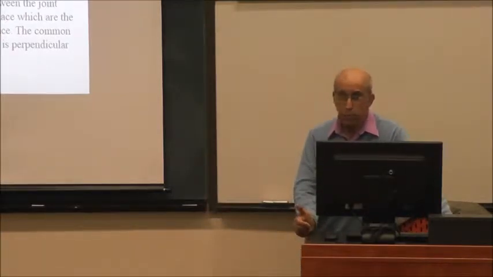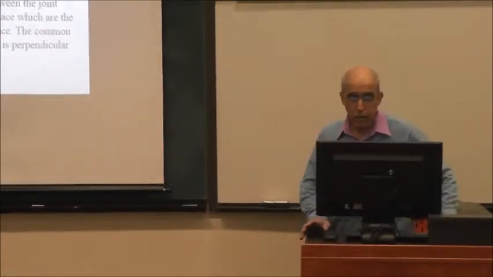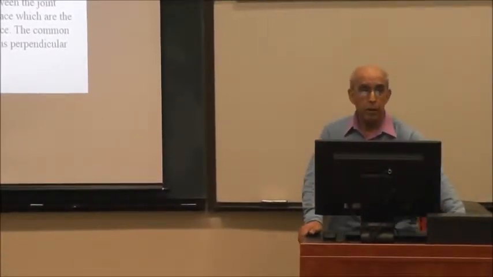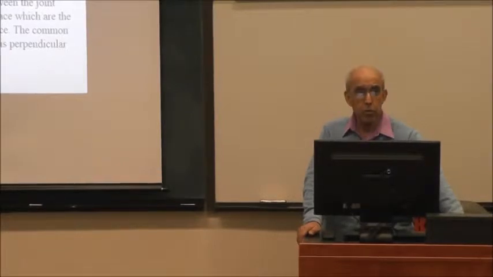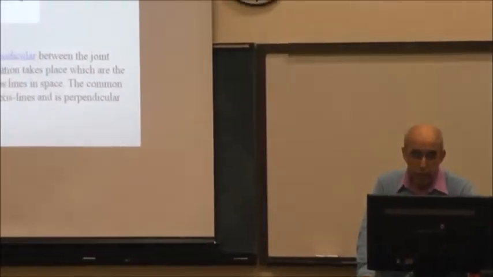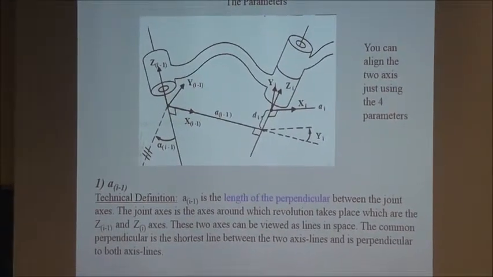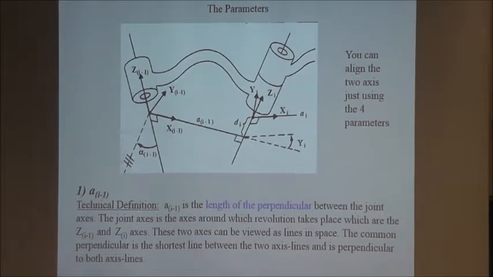On the board you see a configuration of two consecutive joints of a revolute robot like the Puma 560.